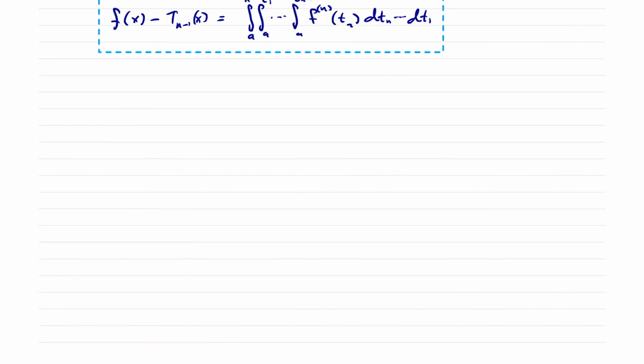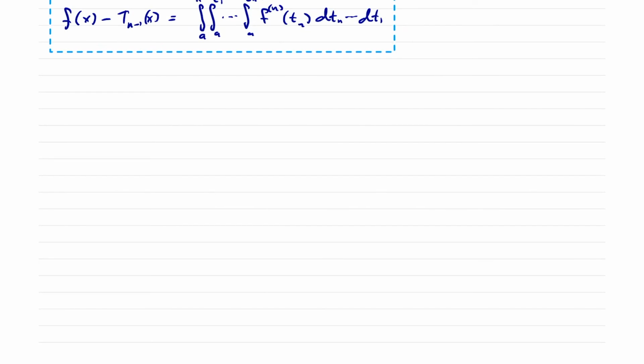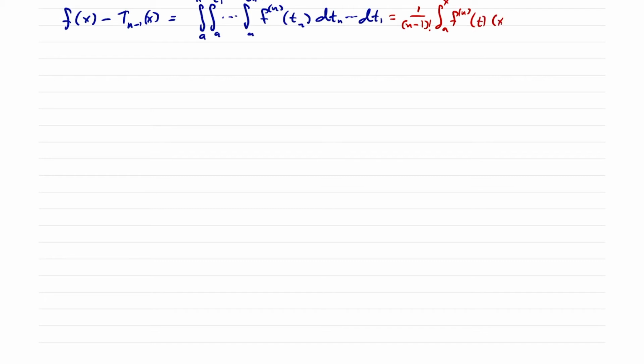We see we have this, but then this now can be written like this: 1 over (n minus 1) factorial times the integral from a to x of the nth derivative of f at t times (x minus t) to the n minus 1 power dt.